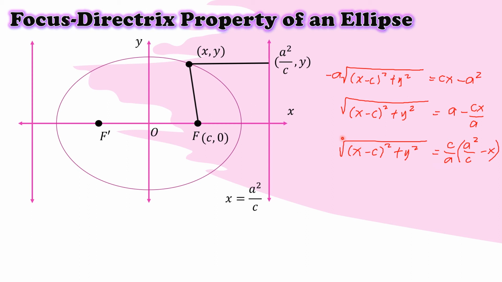Here we have a proof based on our definition of an ellipse using the focus and directrix. Through the theorem, an ellipse is the set of points in a plane such that the distance of each point of the set from a fixed point of the plane is equal to a constant between 0 and 1 times its distance from a fixed line of the plane.